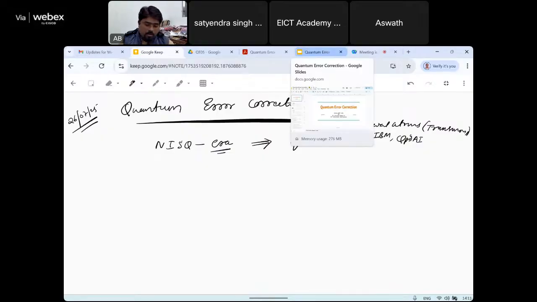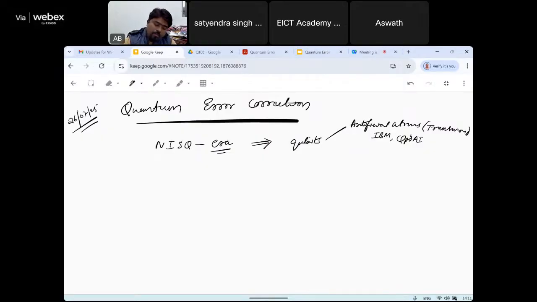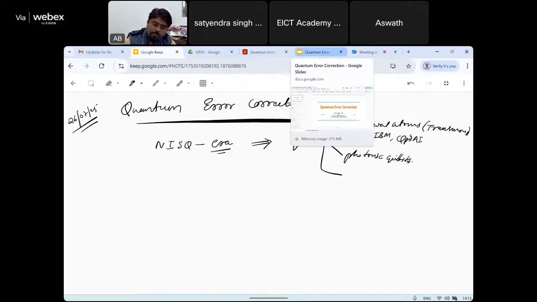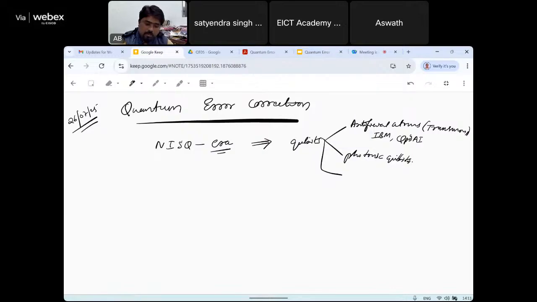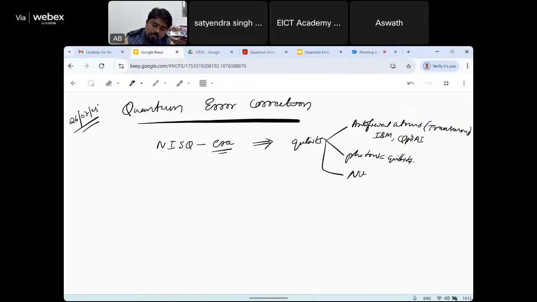The other one is photonic qubits. And something else, let's say diamond NV center based. NV means nitrogen vacancy in diamond.